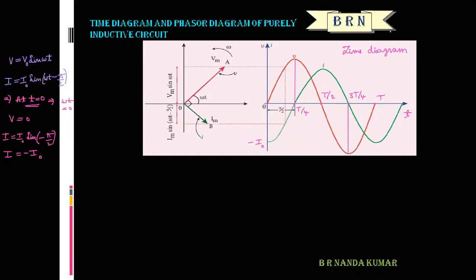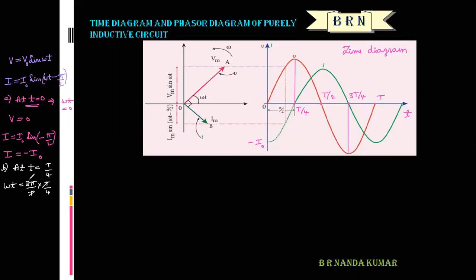And the next phase at time t is equal to T by 4. Omega t, omega is 2 pi by T, in terms of time period, into T by 4.